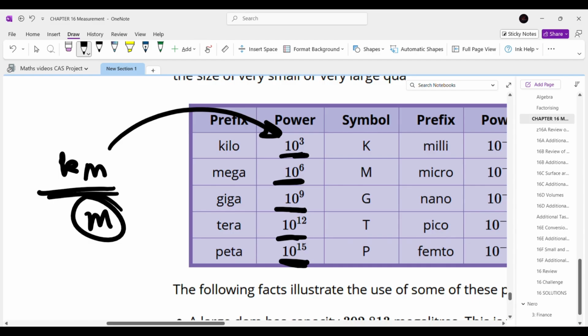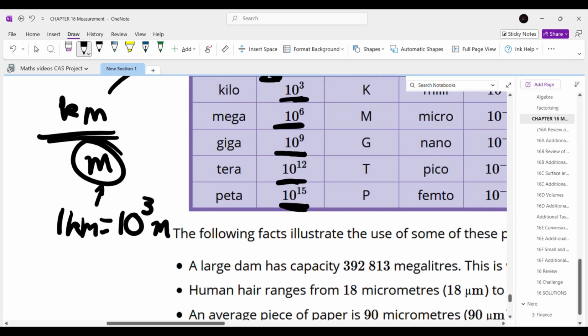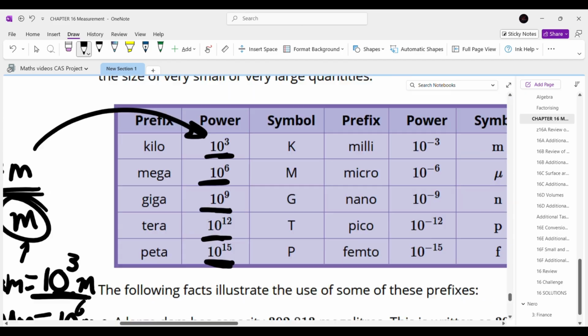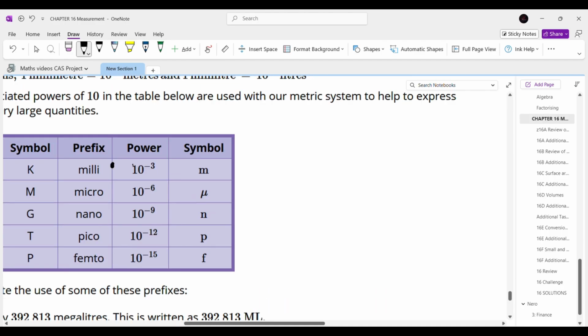So 1 km equals 10 to the 3 meters. And this continues up, so 1 megameter, which is a capital M, would be equal to 10 to the 6 meters. And this is how you express it in the basic unit of meters.